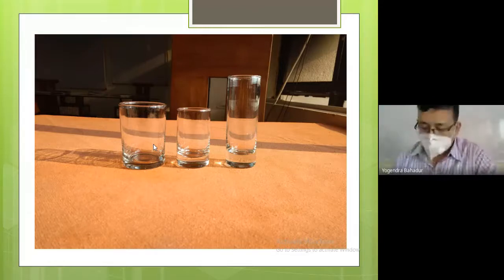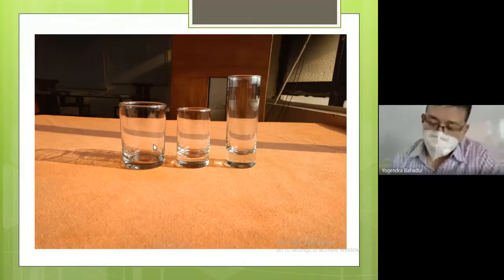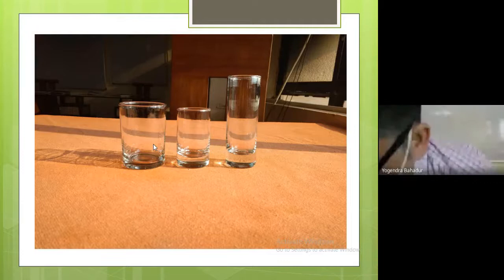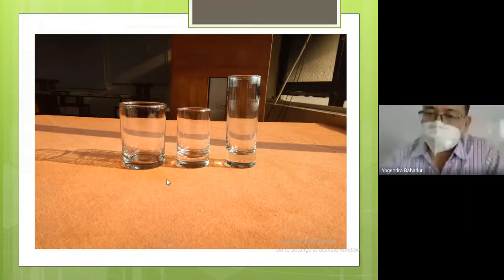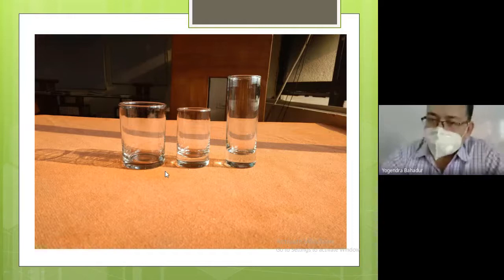Juice glass means whenever you provide or give juice on the buffet. Buffet means on the breakfast buffet. So generally you serve the juices, fresh juices, by using these pony tumbler glasses, small sized. Quantity wise, it is 6 fluid ounce, approximately 180 ml.